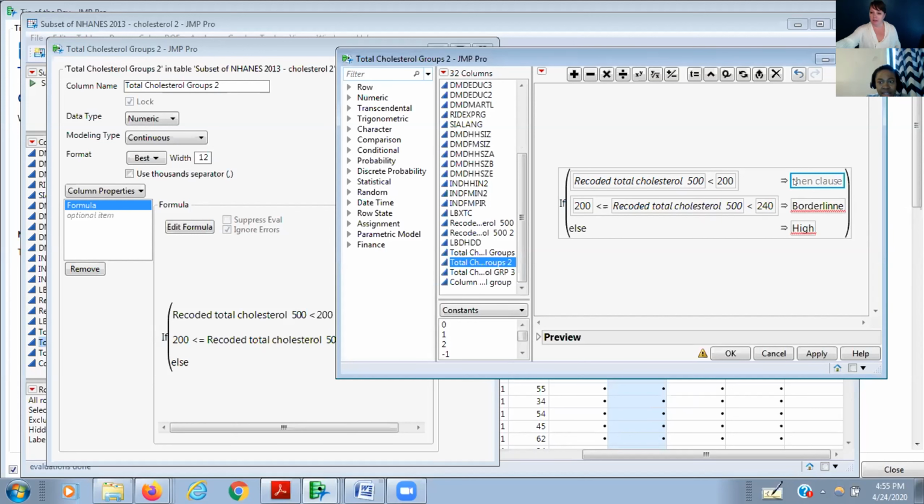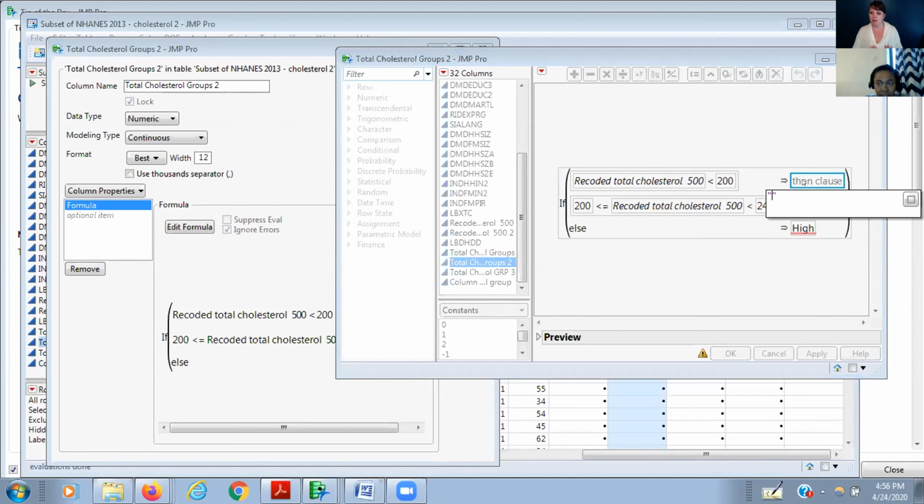Click on that little blue clause again. Type your quote. Now type the word desirable. See how it fits itself in the middle? Now press enter.